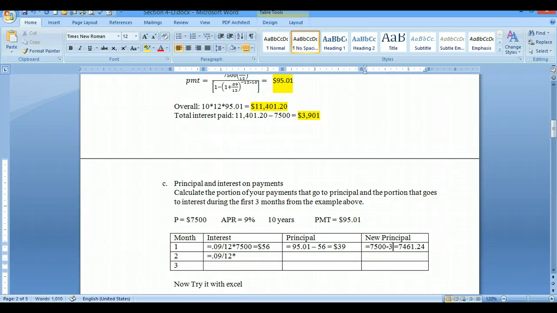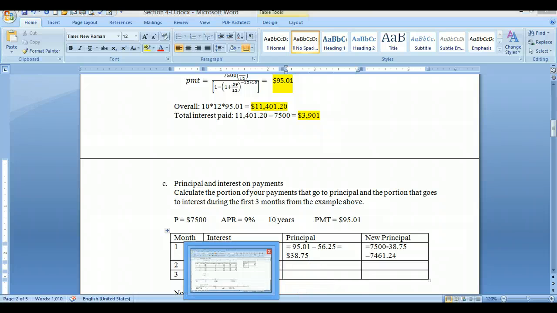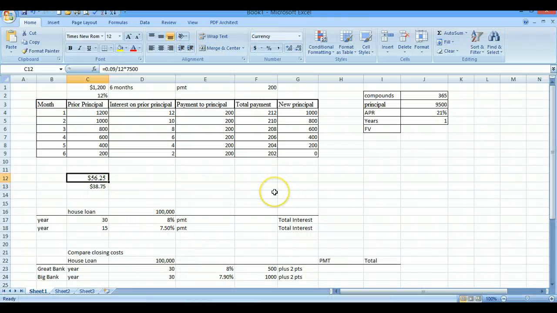So this is 38.75, and it's actually $56.25. So that's one thing. I'm not editing this lesson as much because I think you need to see some of those things occur, what sort of problems you could experience in Microsoft Excel.